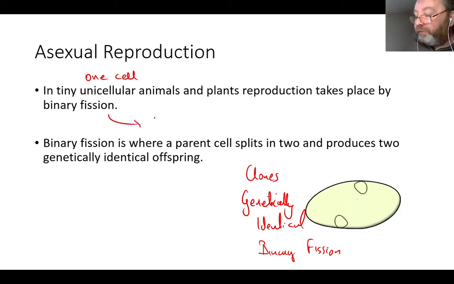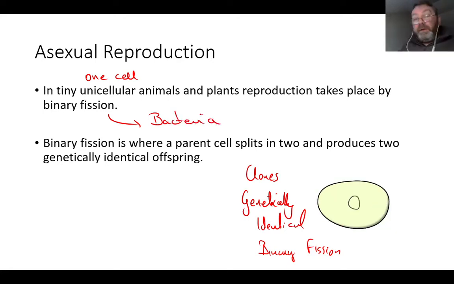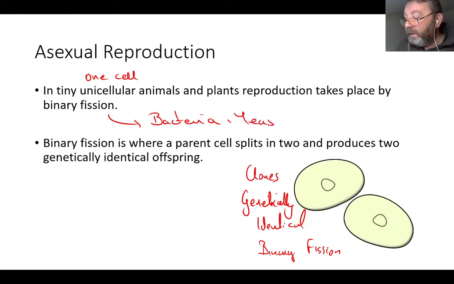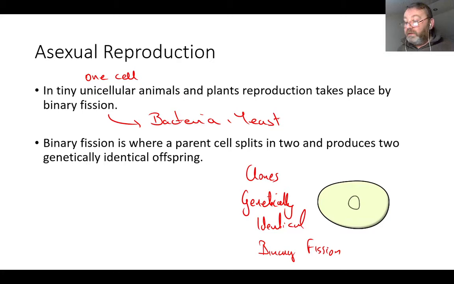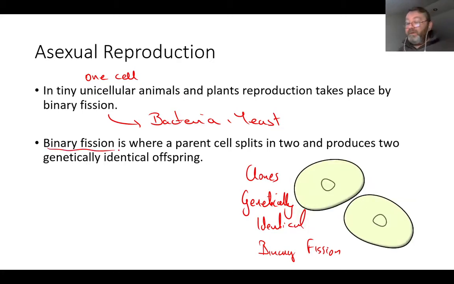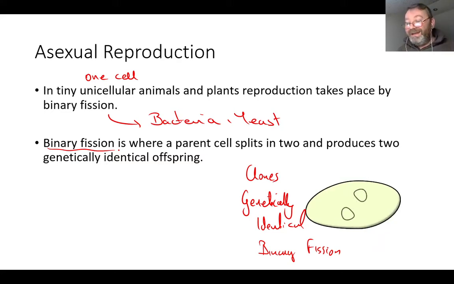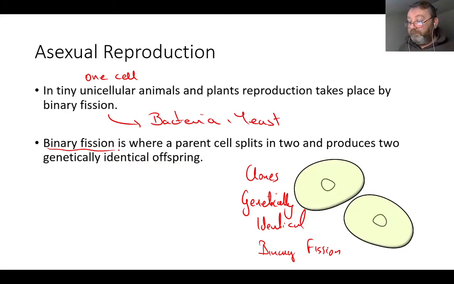If they ever ask you for an organism that undergoes binary fission, the bacterium does, as does yeast. Some of you will know yeast is used for baking bread, and also in the production of alcohol. But binary fission is where a parent cell splits in two and produces two genetically identical offspring.